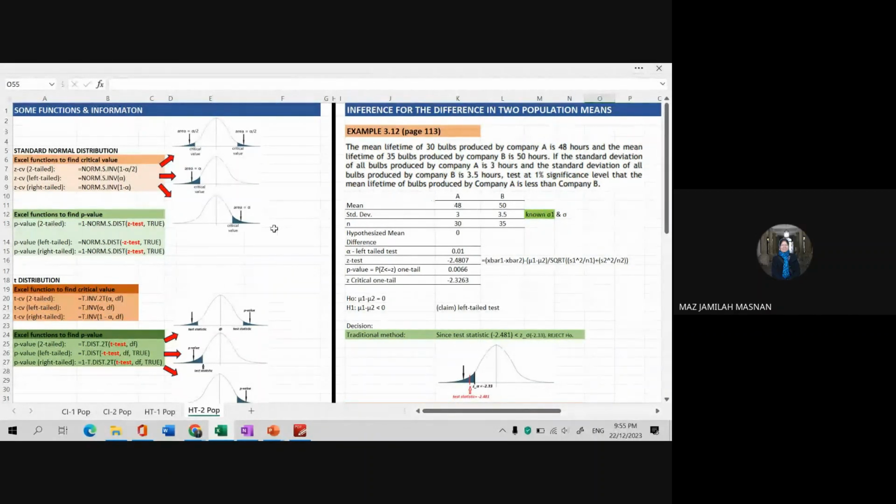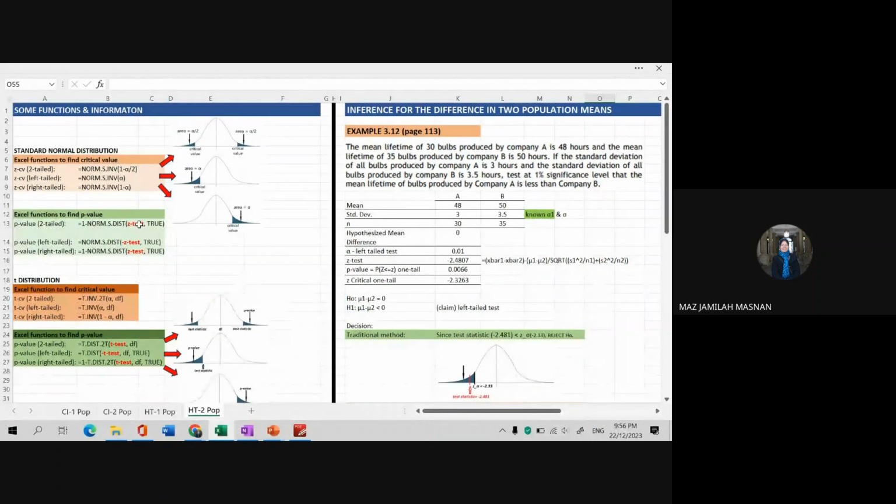Okay. Now, as I mentioned, you can recheck how we find the critical value and the p-value. Remember, the p-value reflects the shaded area. The critical value reflects the value on the x-axis. These are all critical values. The p-values are bounded by the test statistic.